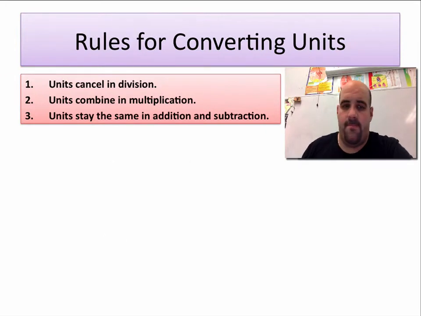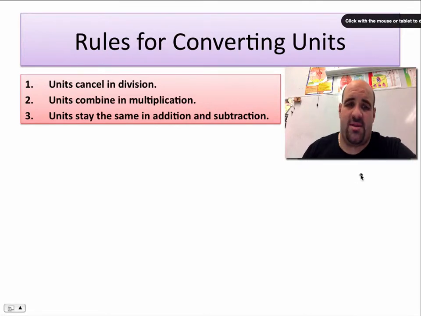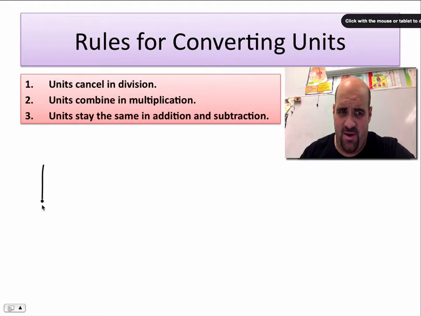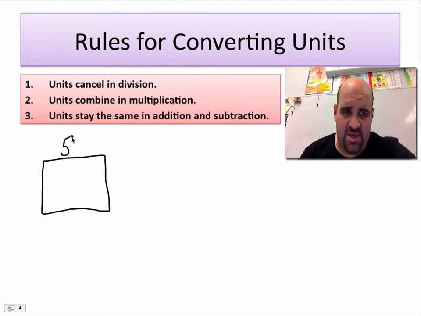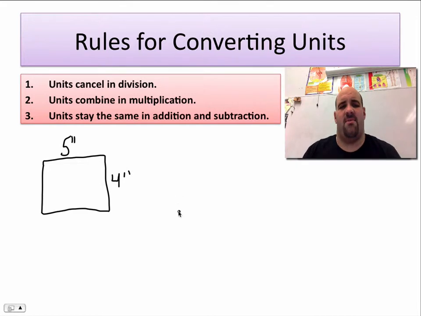Our next rule is that units combine in multiplication. Let's say we have a square and it has a length and a width of 5 inches by 4 inches. How would you calculate the area? The amount of surface area that square takes up.